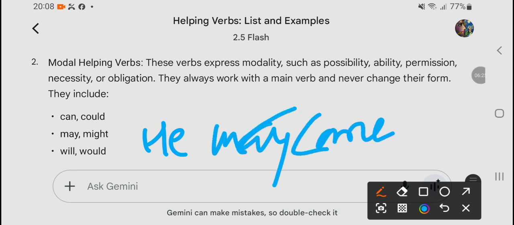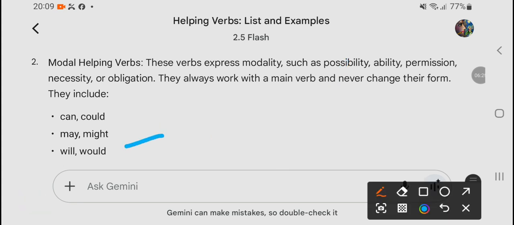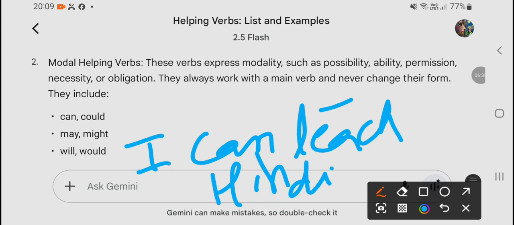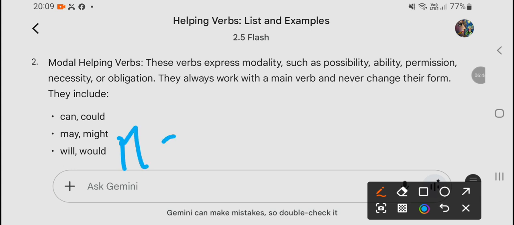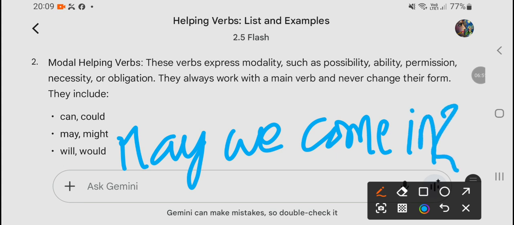Possibly, he may come. Then ability: I can teach Hindi. That is my capability. So that is ability. Then permission: may we come in? May we come in, right?